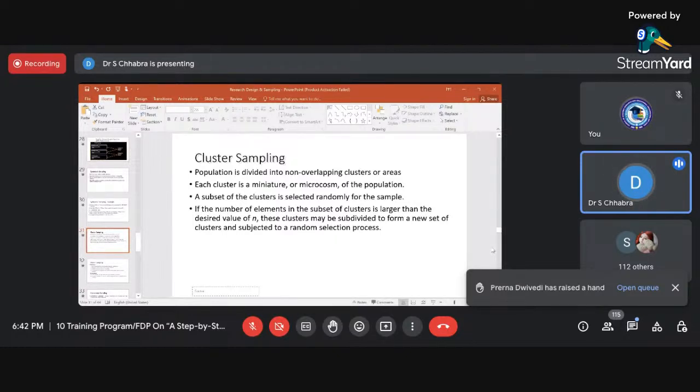Can I pick up a representative sample from all, if I'm doing a study on SBI? I just picked SBI for example's sake, nothing to do specifically with SBI. There would be a huge number of branches of SBI in Indore or in your city.